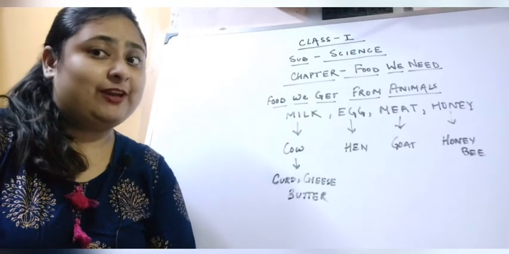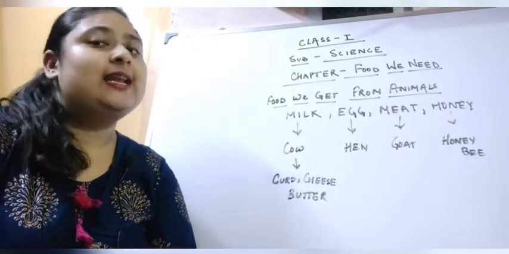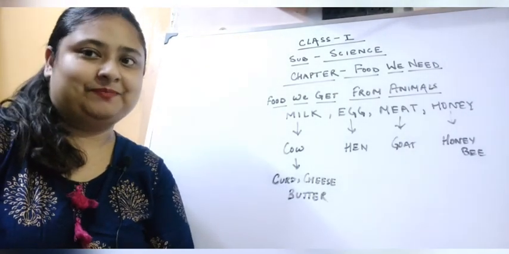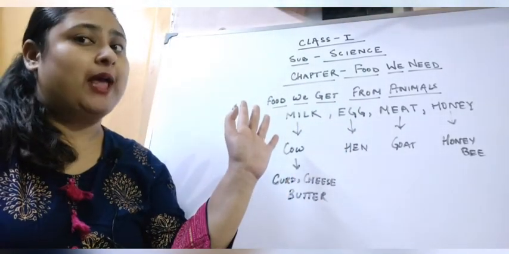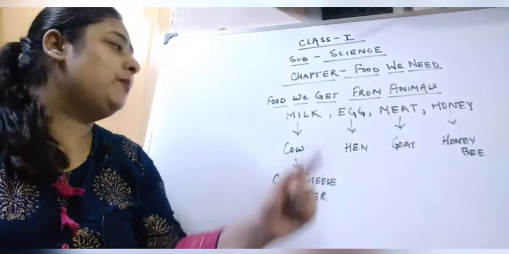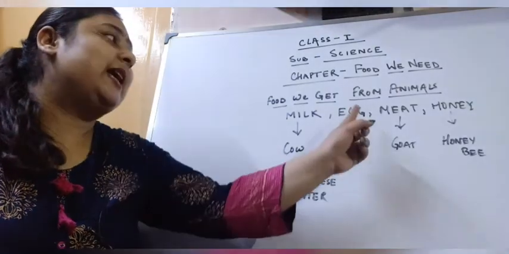Now children, when we know about the food items that we get from plants, let's learn about the food items that we get from animals. So we get a variety of food from animals. Number 1 is milk. We get milk from cow, buffalo, etc. Next is we get egg.